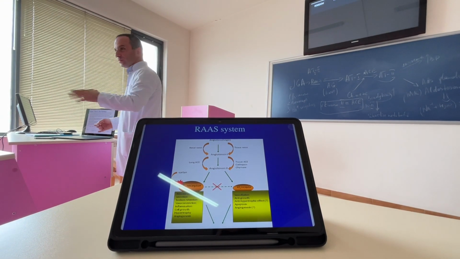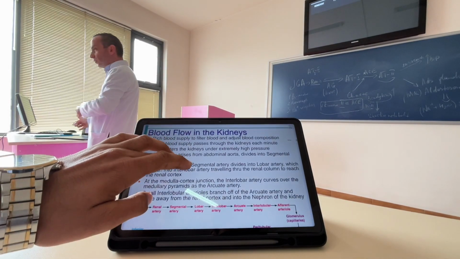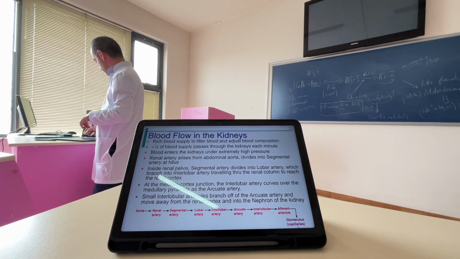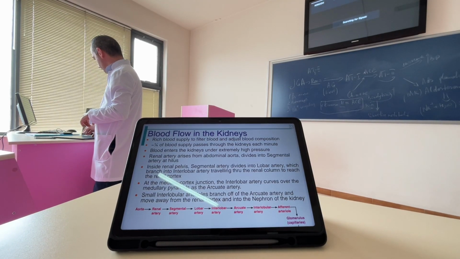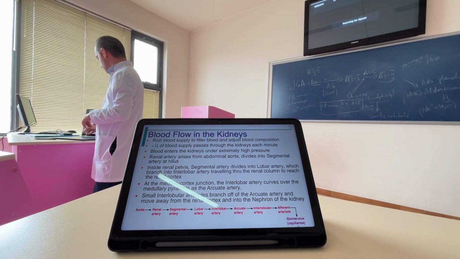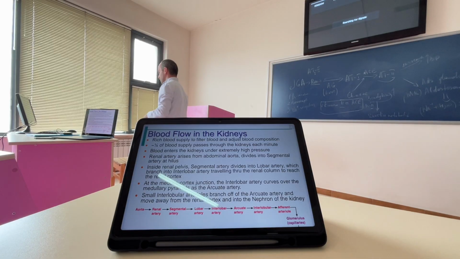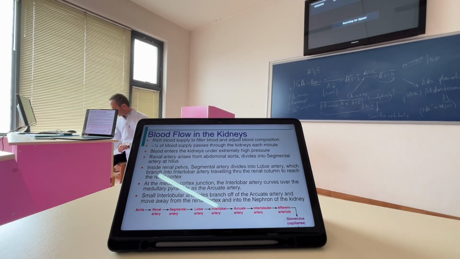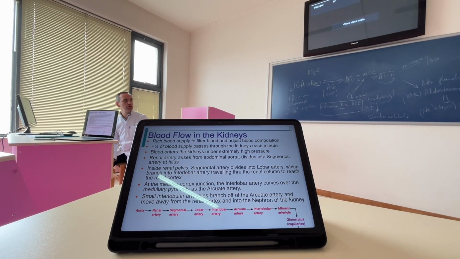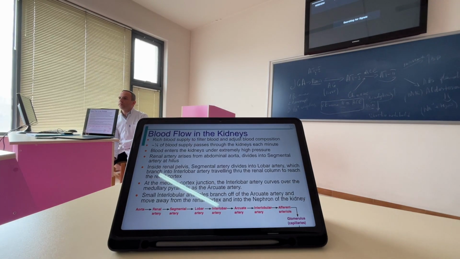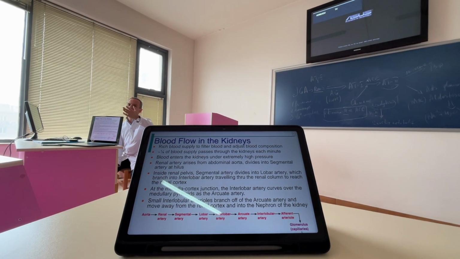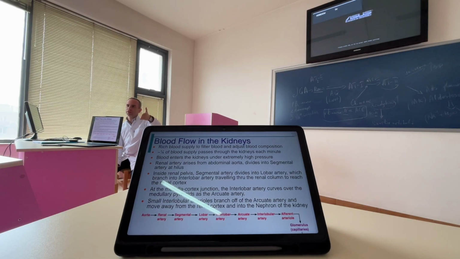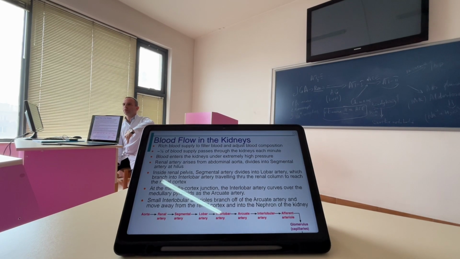Anyway, until I turn it on, the lecture will be over. I'll try it first. So, blood flow in the kidneys. If you remember, we have the rete mirabile, a wonderful network. Normally, like for the liver, an artery enters and a vein comes out.